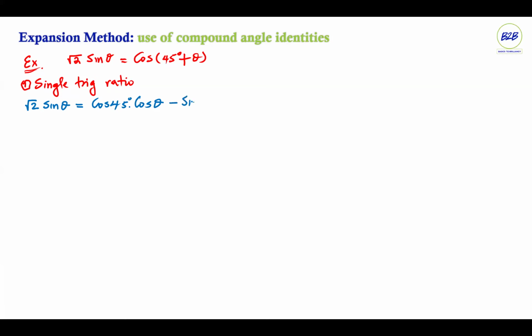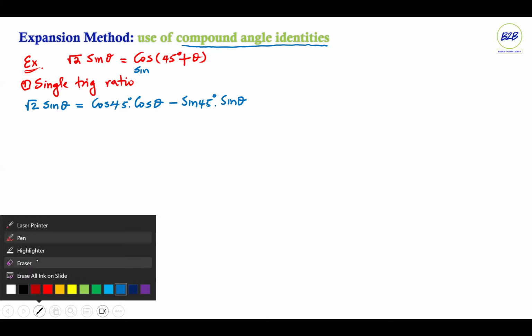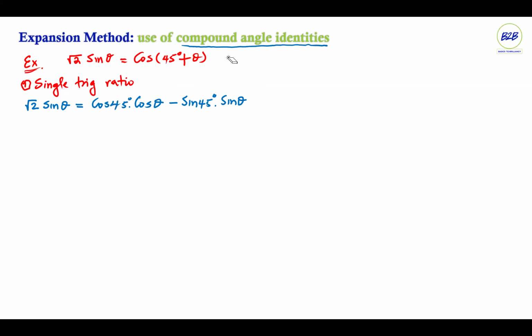Then it becomes sine of 45 degrees times sine of theta. So we expand that cos using the compound angle identity. If it was sine here, we would do the same thing, expand that using the compound angle identity of sine.